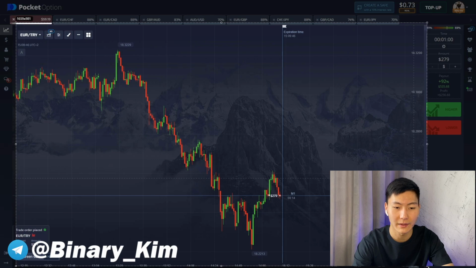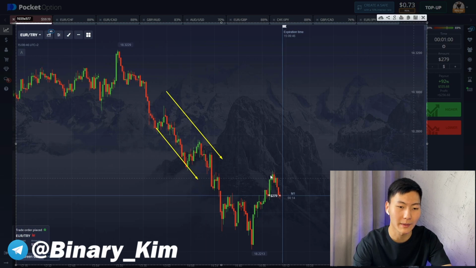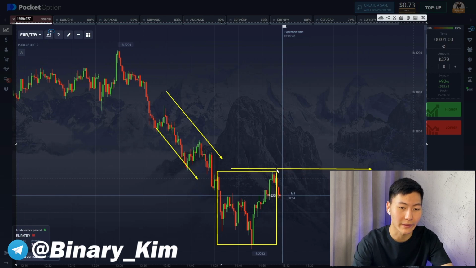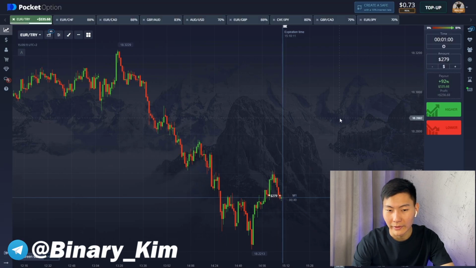We see a third downward dynamics here, then there was a pullback here, the price went up, then it was rejected from the support zone, and we are going to expect the recovery of the downtrend. And the price should continue going down.